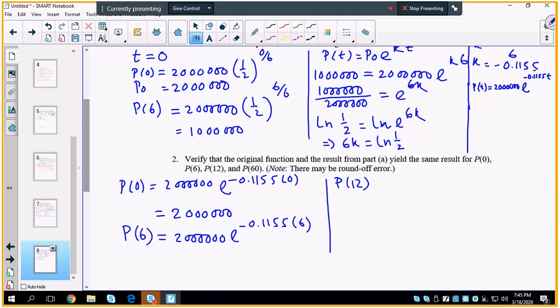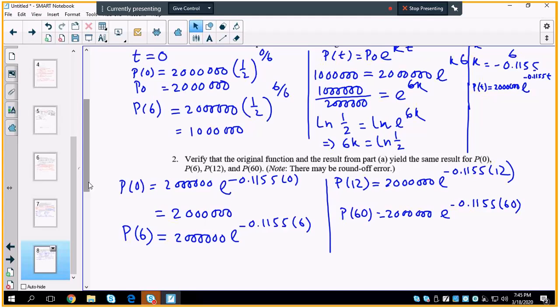So now you are using t equal to 12, so you will get 20,100,000 e to the power negative 0.1155 times 12. Finally, we do it for t equal to 60. So P of 60, 20,100,000 times e to the power minus 0.1155 times 60. Let's find these three numbers in the calculator, and we will round them to the nearest whole number.